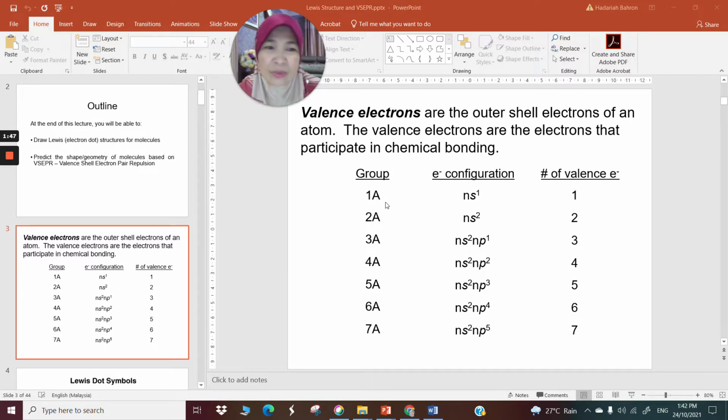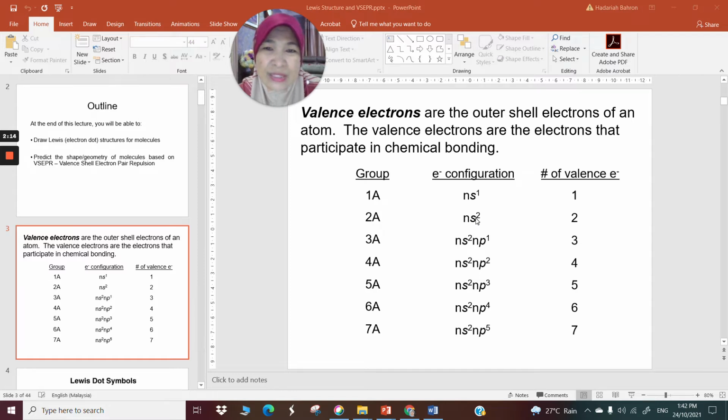This has already been explained to you earlier, that in group 1A, the electron configuration is ns1, and obviously there is only one electron in the valence shell. For group 2A, it is ns2, where n is the quantum number.